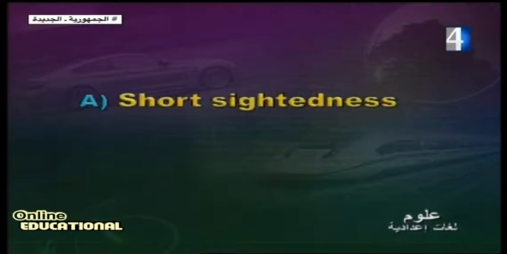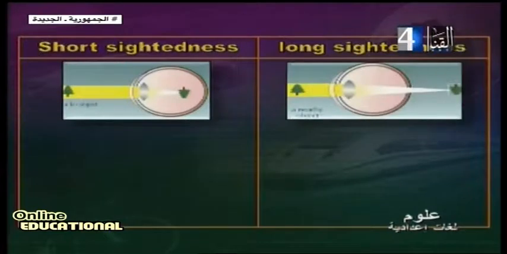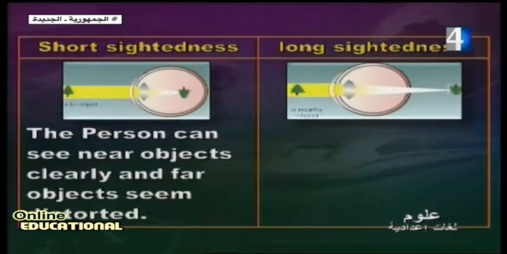Okay, vision defects. Short-sightedness and long-sightedness, or we can say short sight and long sight. Let's compare between them. First, short-sightedness. In short-sightedness, the person can see near objects clearly.